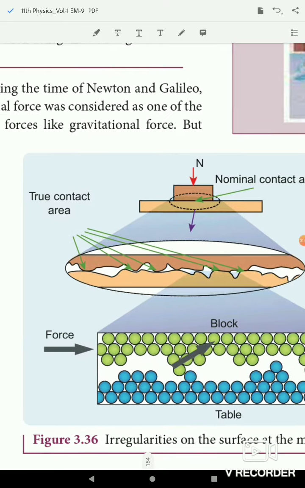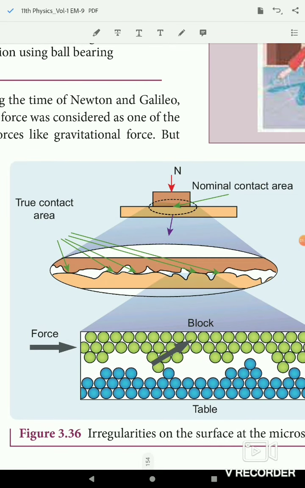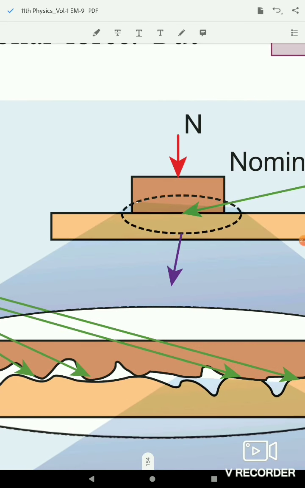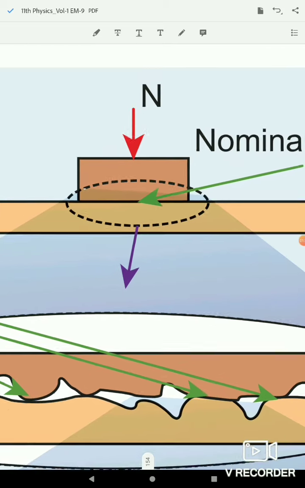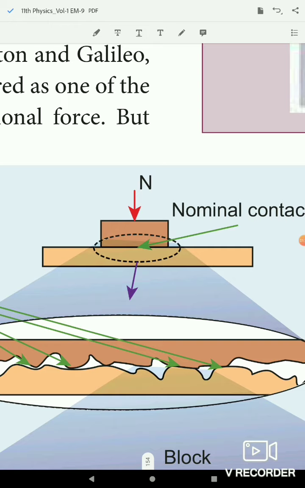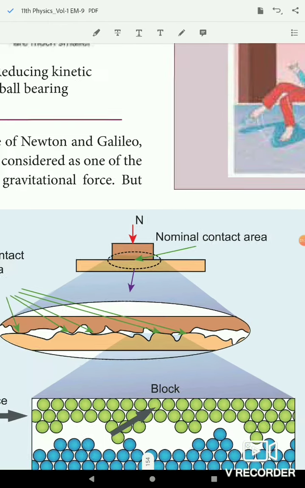See this one, it is a normal contact area. The two bars: the upper bar is small and it slides over the bigger bar. This is the nominal contact area.